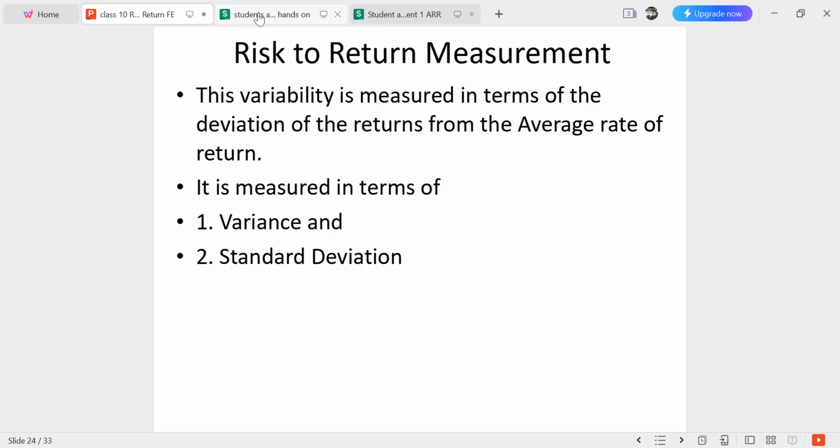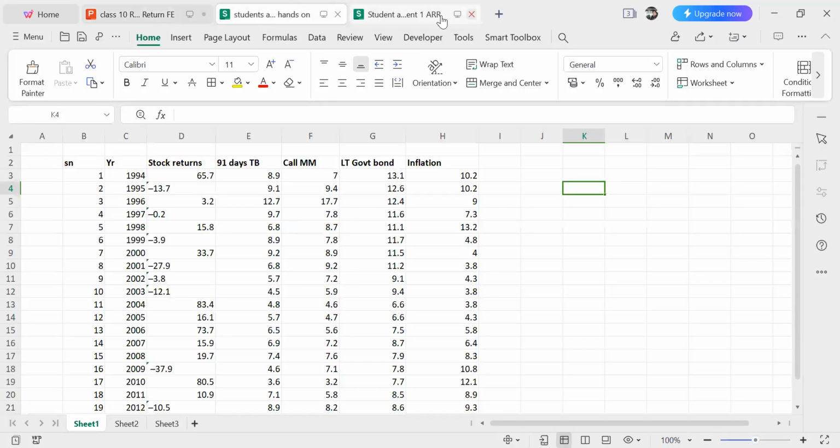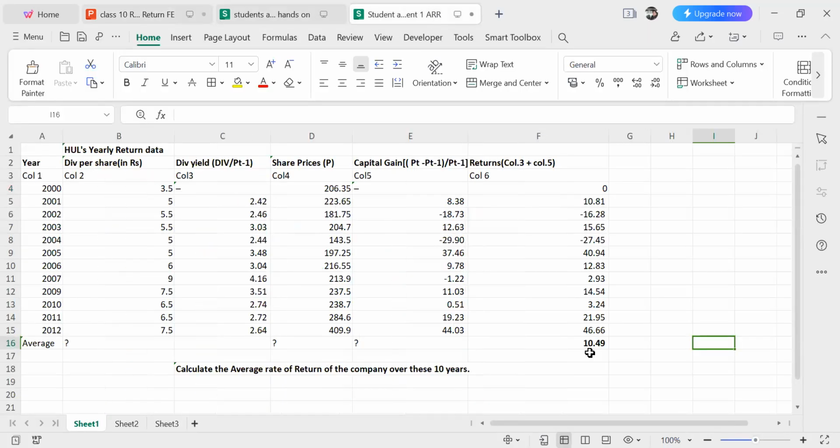For example, we calculated the average rate of return just now, isn't it? How much is it? 10.49. So if you take the deviation, for example, for 2001, your return is 10.81. How much has it deviated from your average, 10.49? Similarly, 16% negative.